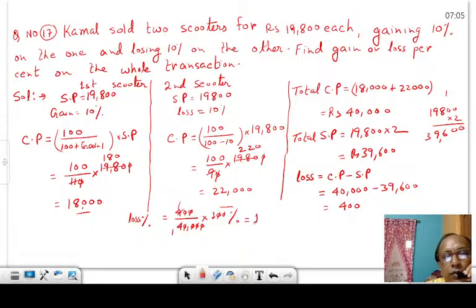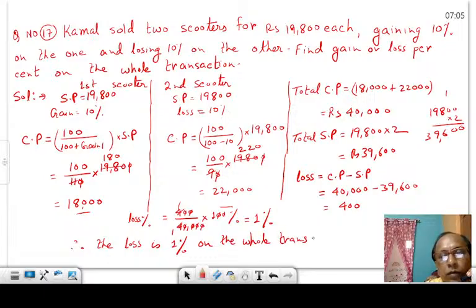That is a loss of 1%. Find the gain or loss percent on the whole transaction. Therefore, the loss is 1% on the whole transaction.